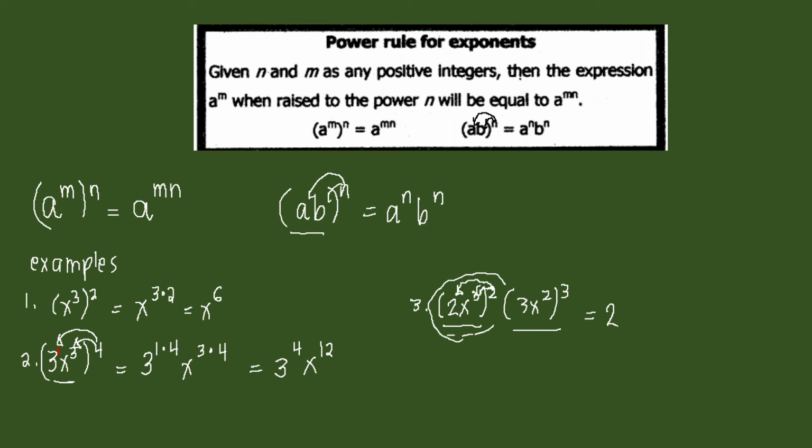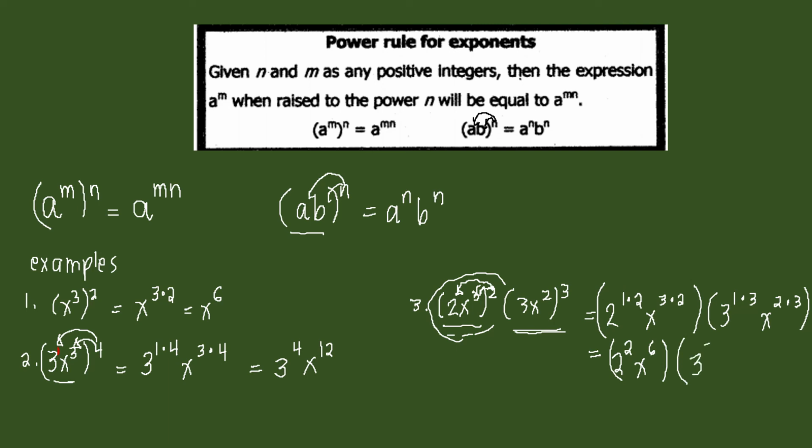So we will have 2, 1 times 2, and x, 3 times 2. So this is the first. Now let's go here on 3x squared raised to the third power. We will have 3, 1 times 3, and x, 2 times 3. Hence, further simplifying, we will have 2, 1 times 2 is 2, x, 3 times 2 is 6, times 3, 1 times 3 is 3, and x, 2 times 3 is 6.